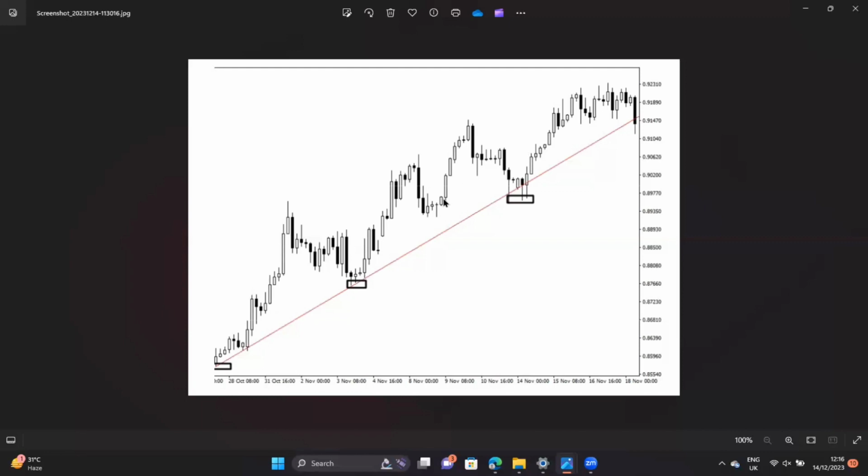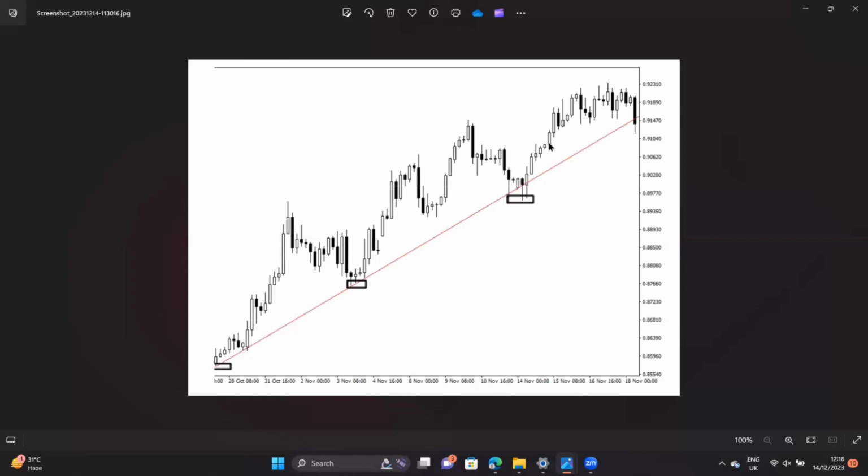As you can see on my screen, by drawing it the right way, you can easily predict the next movement. By having this trend line on your chart, you are confident that when price approaches this area, you should be on high alert that price might reverse or make an impulsive move towards the trend.